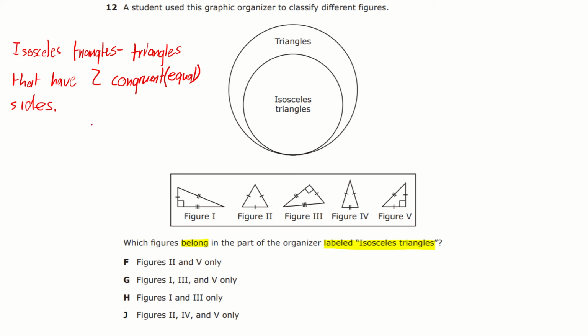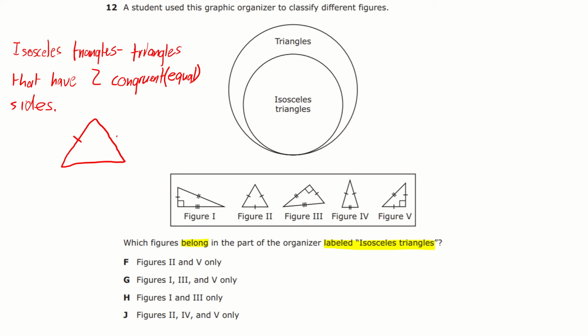And the way we represent this in geometry is through tick marks. So let me draw a triangle right here. If we have one tick mark here, that shows that this side has a one tick mark leg.